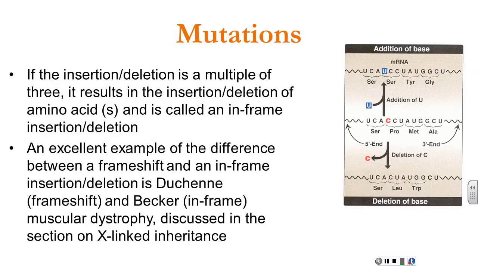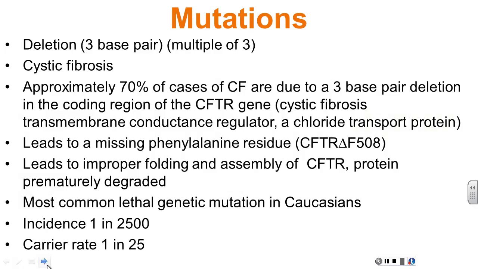It also happens to be the one where you have the frame shift type mutations, where in Becker you either have an insertion or deletion, but it's a multiple of 3, so it's in-frame, so it's not as severe. Both of these conditions are relatively severe, but Becker is less severe, as we're going to see. So that's a real good example of the difference between an in-frame and a frame shift mutation. And we're going to talk about Duchenne and Becker muscular dystrophy a little bit later this week.